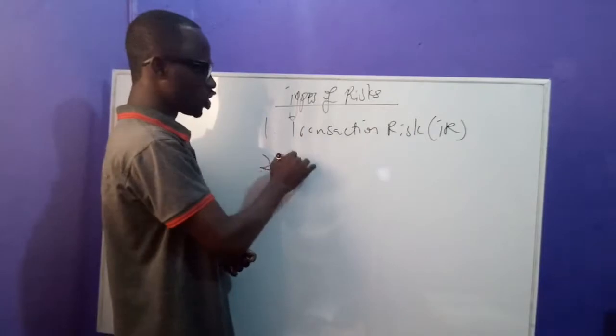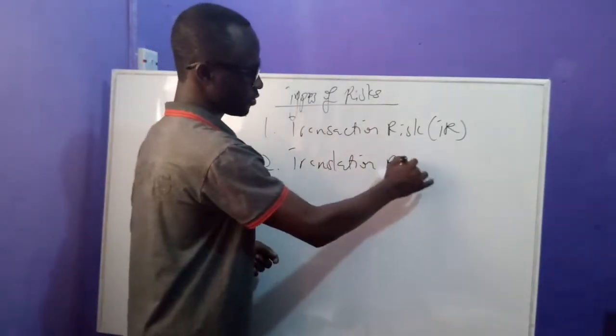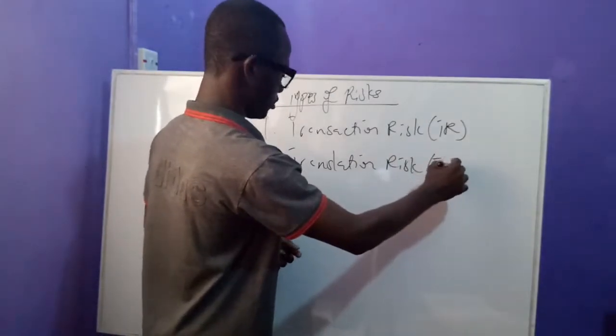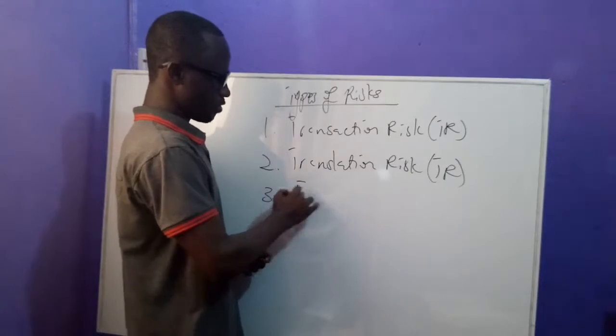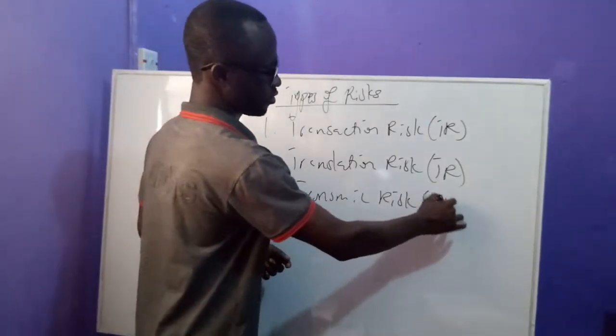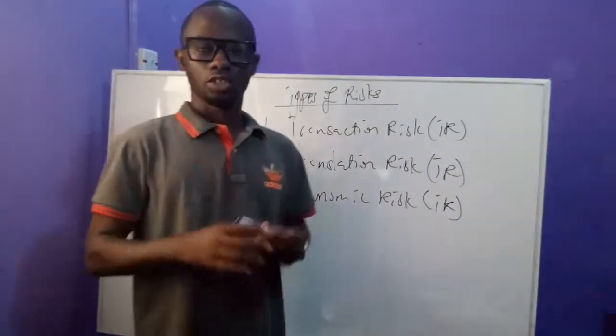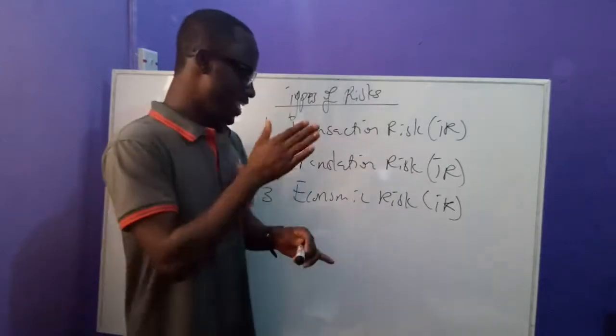Two, we talk about translation risk. Unfortunately, that is also going to be TR. And then three, economic risk. So transaction risk, translation risk, and then economic risk.